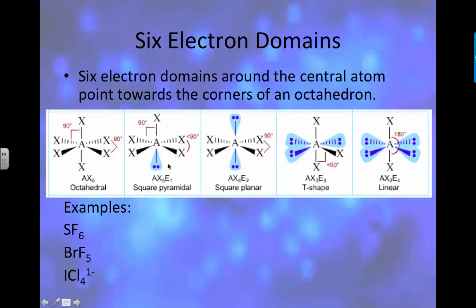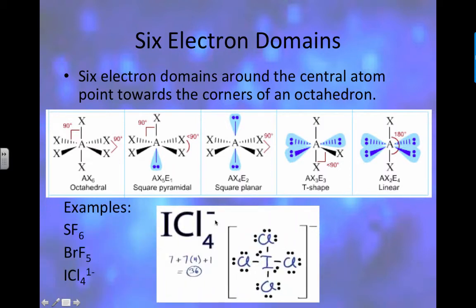Our last one is the ion iodine tetrachloride, which carries a -1 charge. So of course we have to use brackets around the polyatomic ion, and the iodine having 7 electrons and the chlorine having 7 electrons, the only way to accommodate all of these electrons plus the one extra for the anion is to put 2 non-bonding pairs around the iodine.